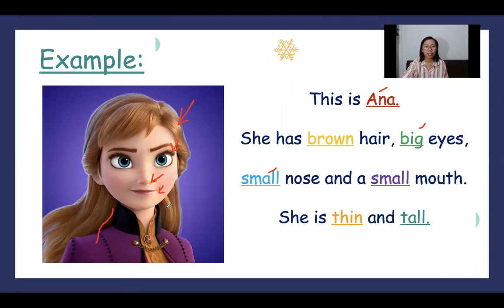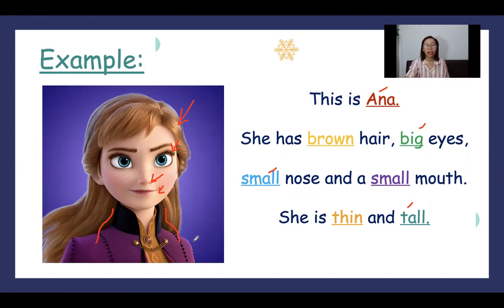Look at her body, she is thin, and I think she is tall. Okay, again, one more time, let's read. This is Anna. She has brown hair, big eyes, small nose, and a small mouth. She is thin and tall.